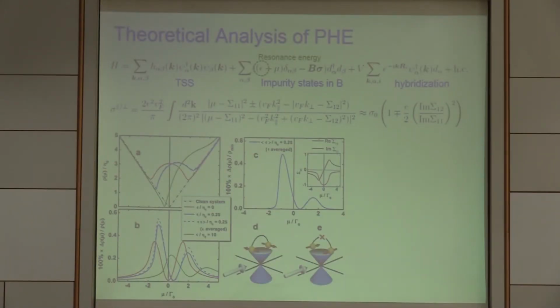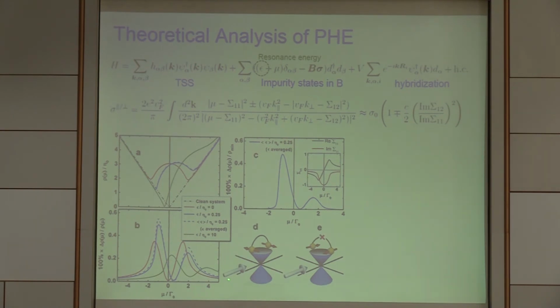And after some calculations, they come up with the prediction that there should be anisotropy between the current direction parallel and perpendicular to the magnetic field. And the physical origin of this anisotropy is this. Because even the non-magnetic impurities will be spin polarized in the presence of this magnetic field, they can introduce the off-diagonal component between the up spin and down spin.